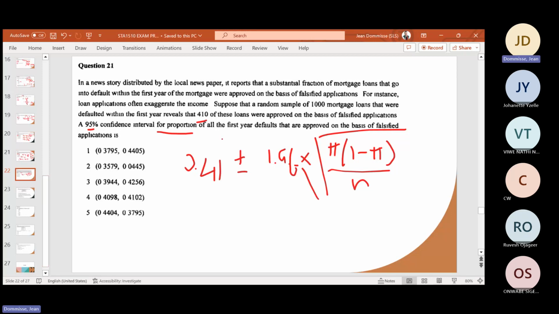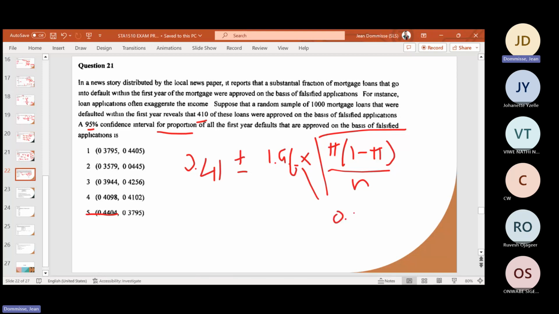Okay, 0.41 will be in the middle, so it can't be 0.4404 because it should always be smaller than that. Yeah, all the others might be. So let's quickly check if we can solve this.